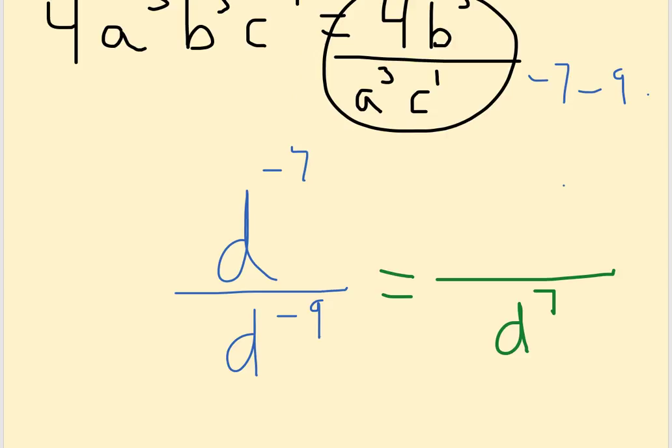But what if it's in the bottom of a fraction and it's negative? How do you think you get rid of that negative? You put it in the bottom of another fraction? No, if it's in the bottom of a fraction and it's negative, you put it in the top and make it positive. Okay? So now you have D to the 9th divided by D to the 7th. That's a lot easier question to answer. That just gives you D squared, which is exactly what we got in the last question.